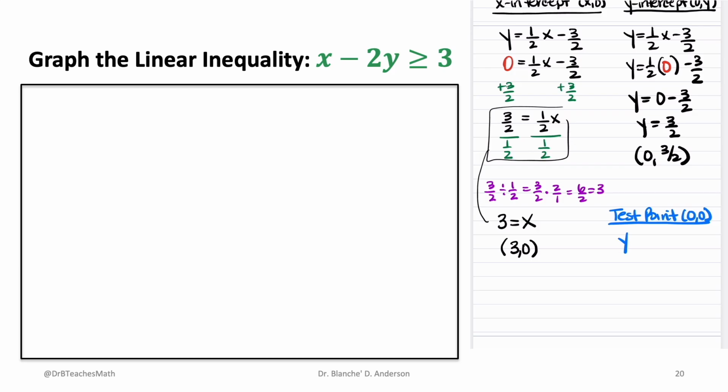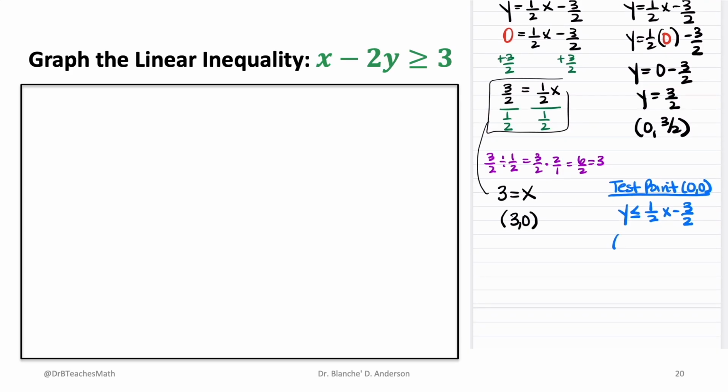So we have y is less than or equal to 1/2 x minus 3/2. So I'm going to substitute 0 for that. So less than or equal to 1/2, 0. So if I substitute 0, we end up with 0 is less than or equal to negative 3/2.